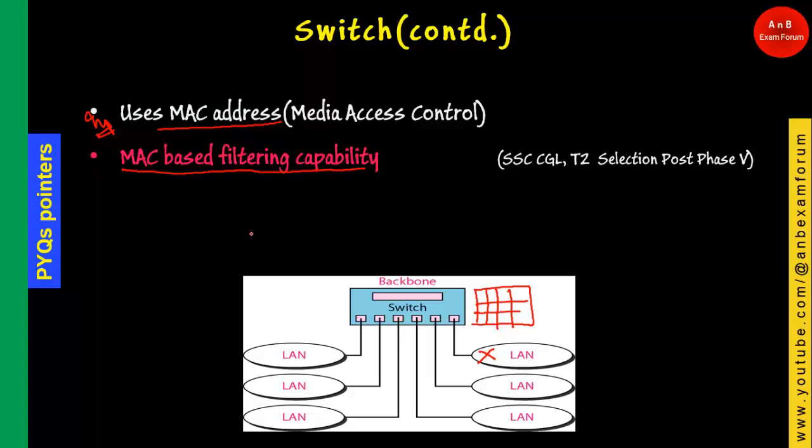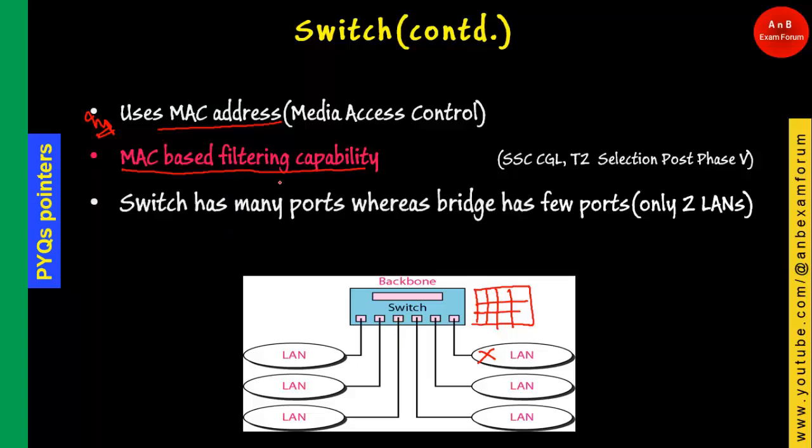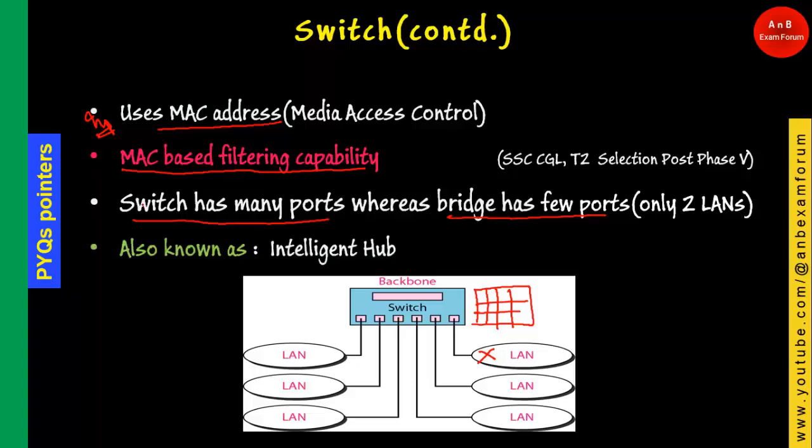So this is what is called MAC based filtering. And as I told you, a switch has many ports, whereas a bridge has few ports. These are two similar devices, but the basic difference is this only. And sometimes they can ask you what an intelligent hub is. So it should be the switch.